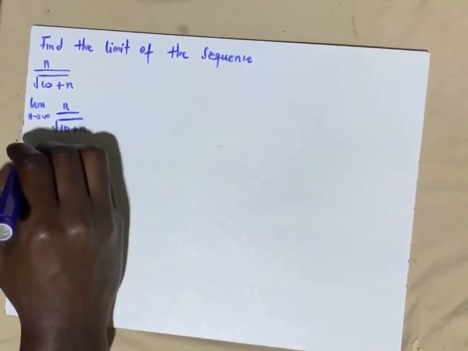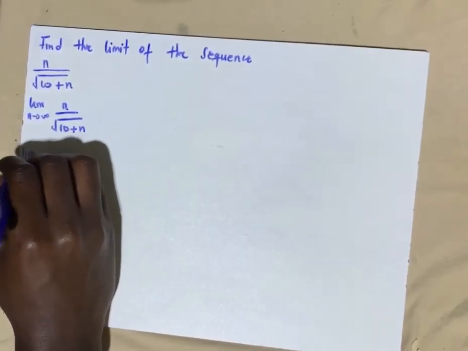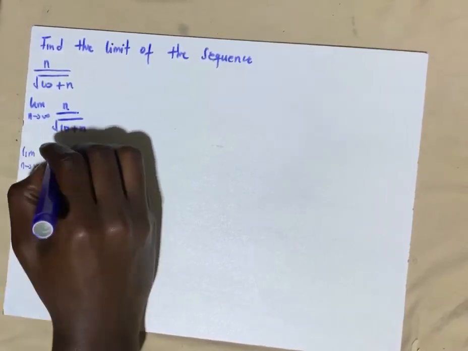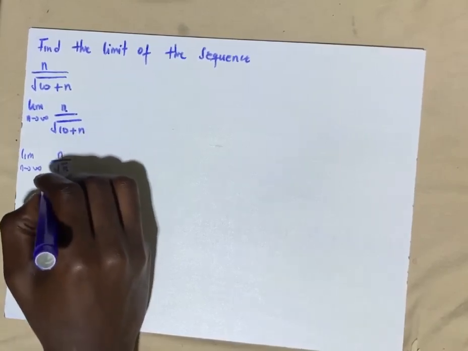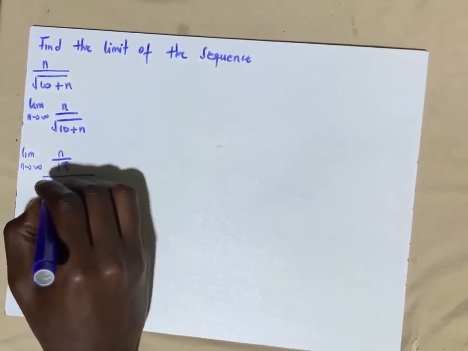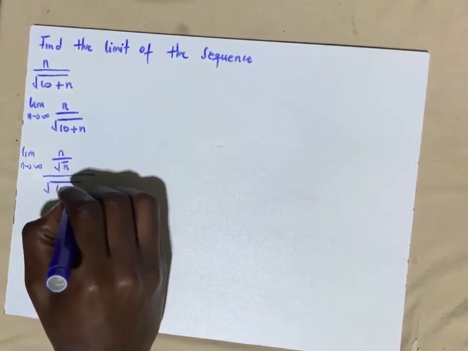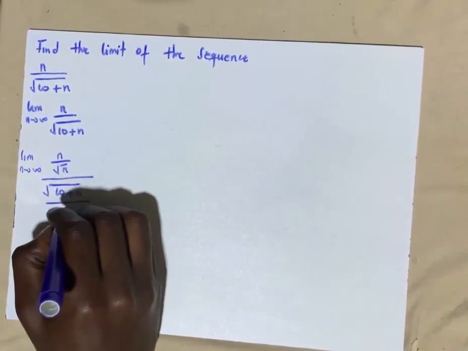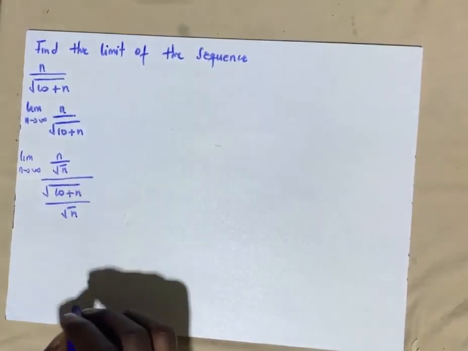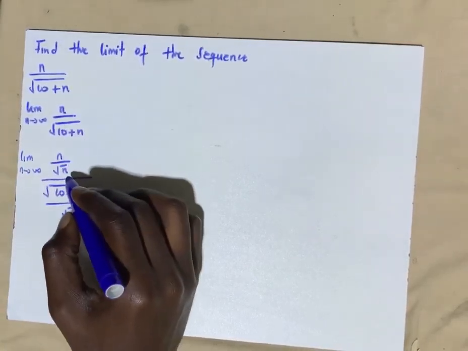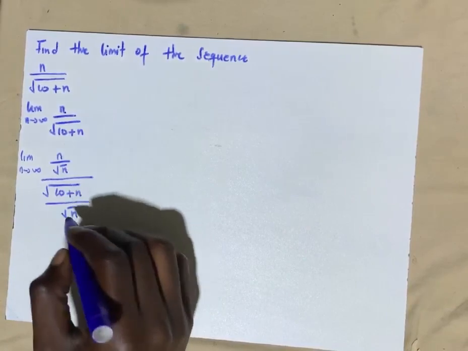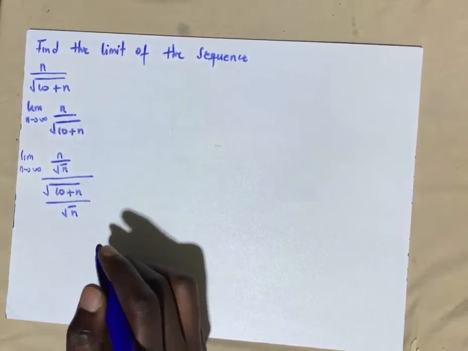So we are going to get n divided by the square root of n all over the denominator also divided by the highest power of n.